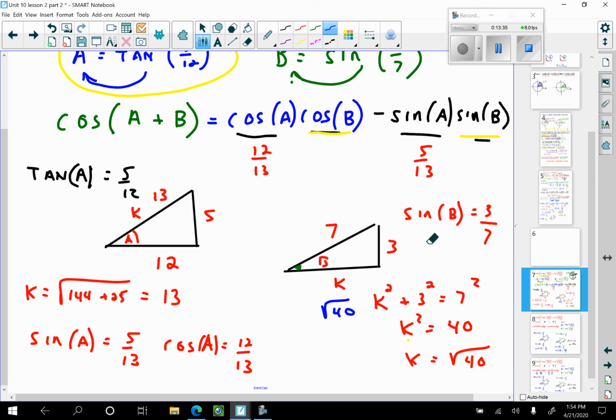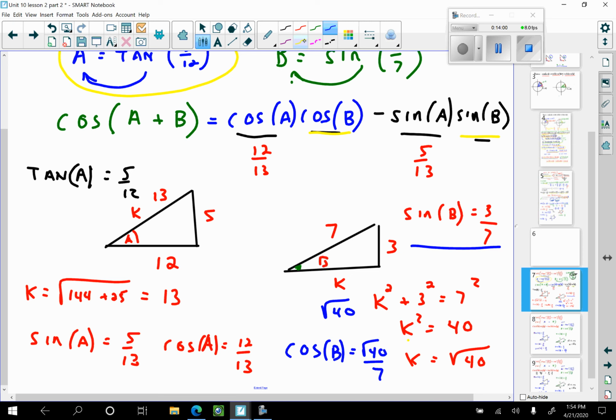And so now I already have the sine of B. What do I need? The cosine of B. And what is the cosine of B? The cosine of B is going to be the square root of 40 over 7. And I have to admit, these Smart Notebook notes get all jumbled up because we don't have a big expansive area to write, but I think we're okay.